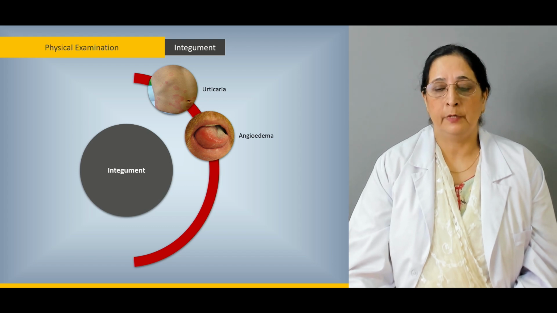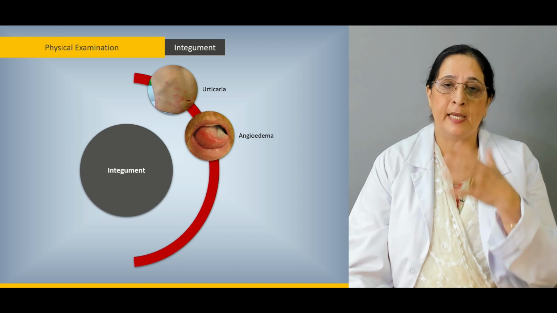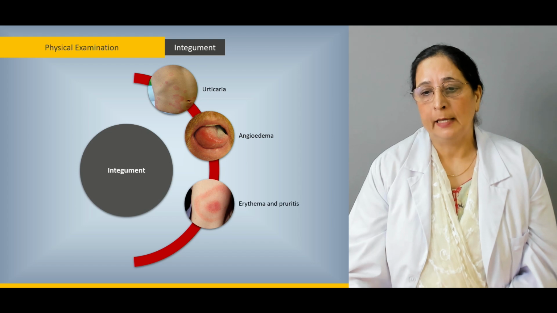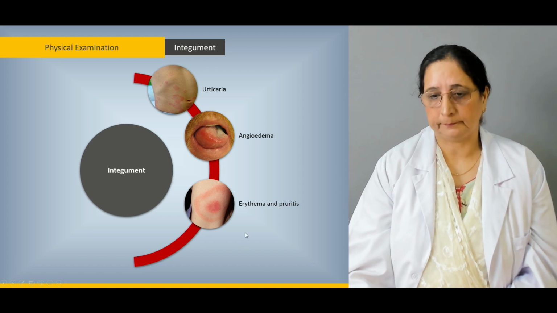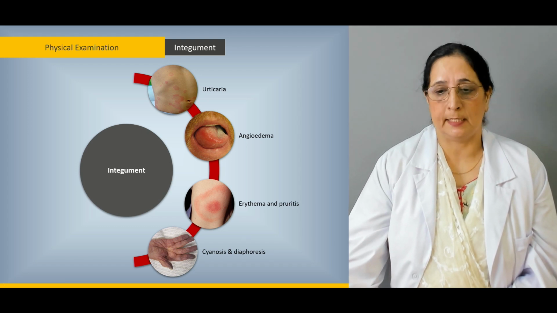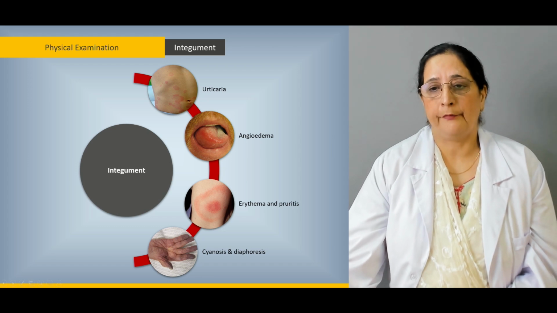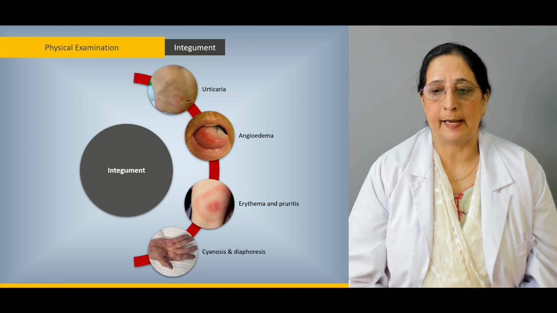Angioedema, we already talked about angioedema. There is swelling of the face, lips, tongue, and this is the angioedema. There is erythema and pruritus. Cyanosis and diaphoresis. Cyanosis, bluish discoloration, and diaphoresis. All these are the integumentary findings.